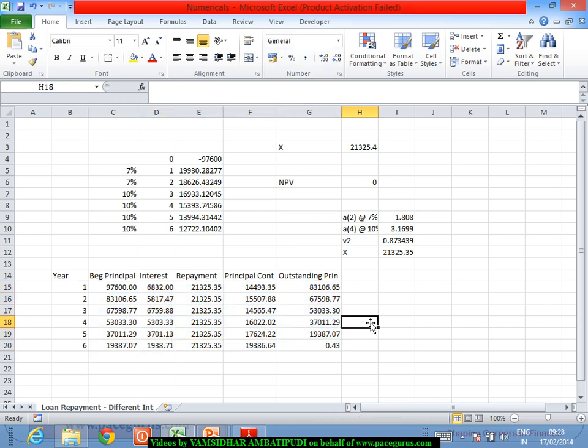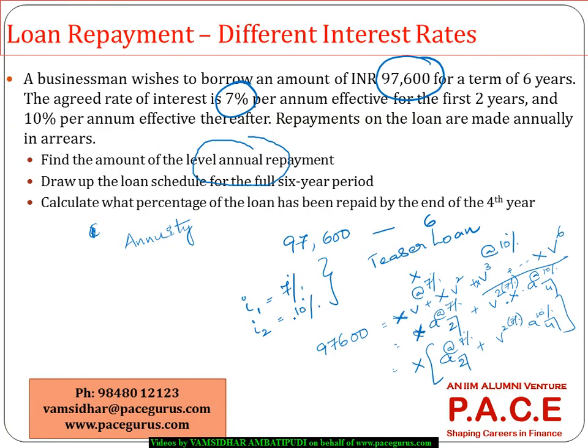So these are the outstanding principals at the end of each of the periods, and the interests that correspond to each of the periods, and how the loan is getting paid off over a 6-year period. So this is the kind of process which we follow for drawing a table.